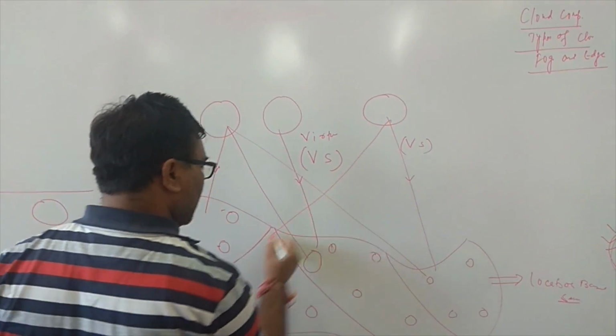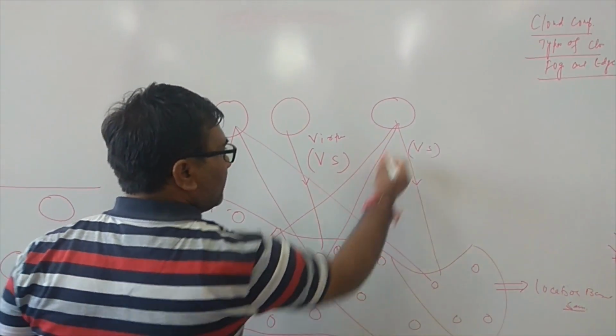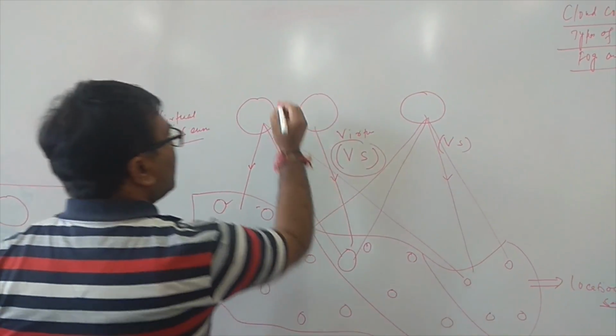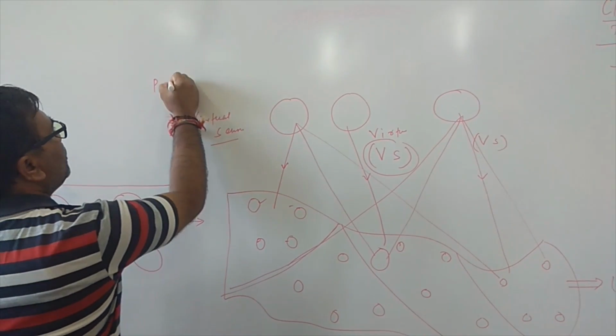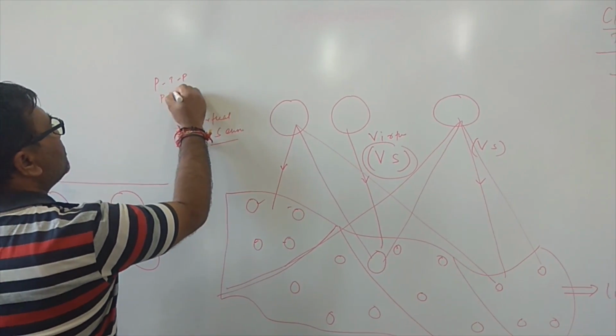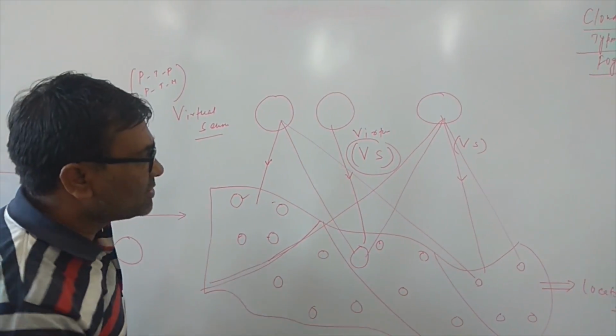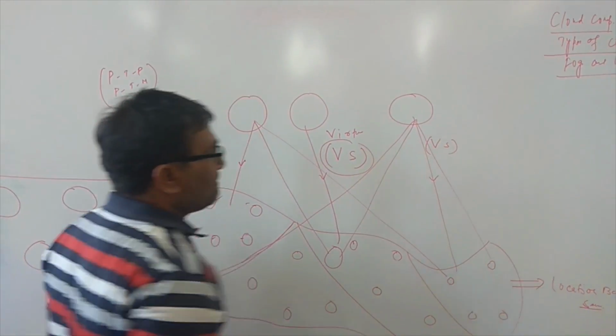So which type of communication can the virtual sensor do? Point to point and point to multi-point. This type of communication is possible by the virtual sensor.